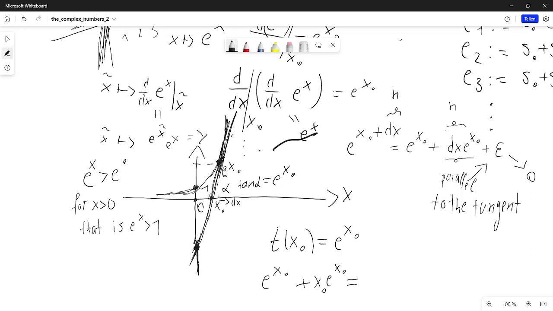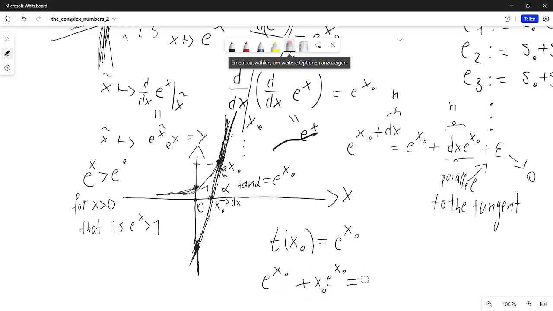And we get that this tangent at x0 itself is e^x0, because this tangent goes through this point and this point, right?